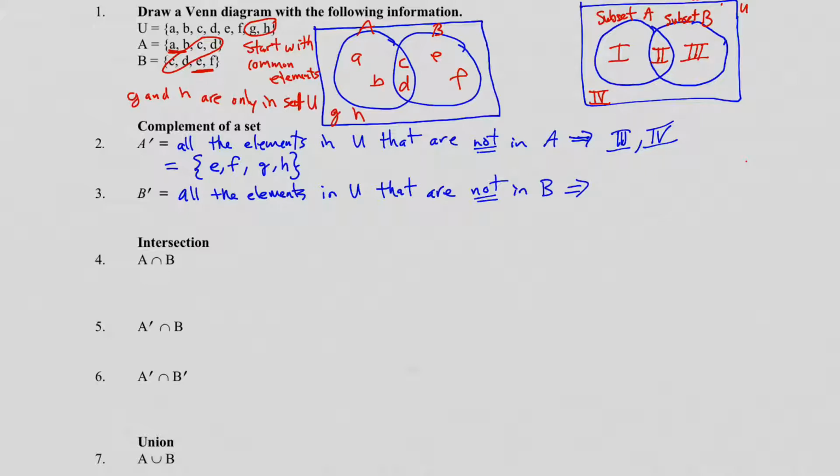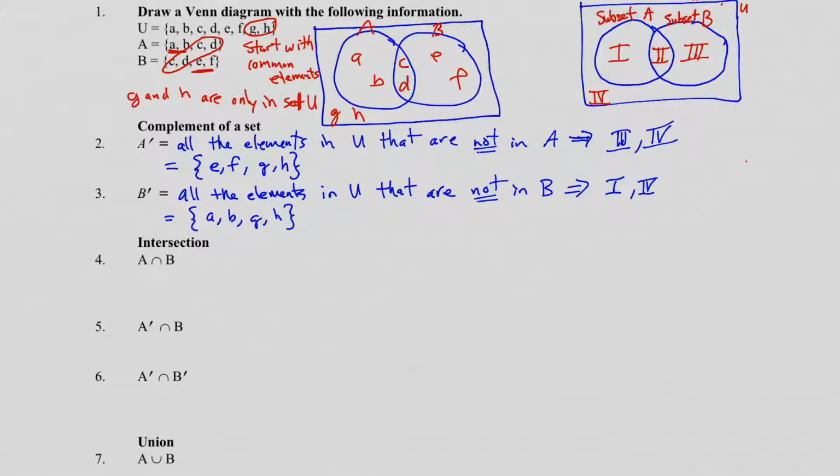If you look at the general Venn diagram, it's region 1, which is only in A, and region 4, which of course is in neither set A or B. So regions 1 and 4. So what are the elements, or the letters, in region 1? That's A and B, and G and H, in roster form. Okay?